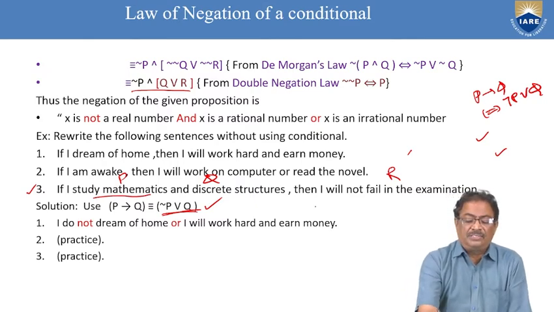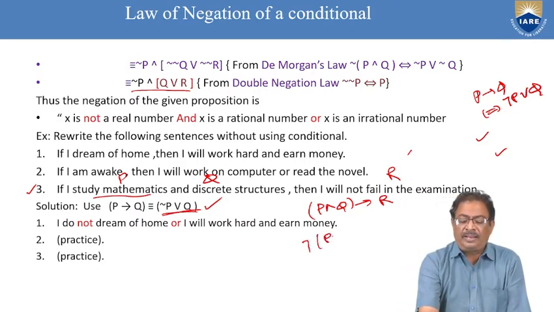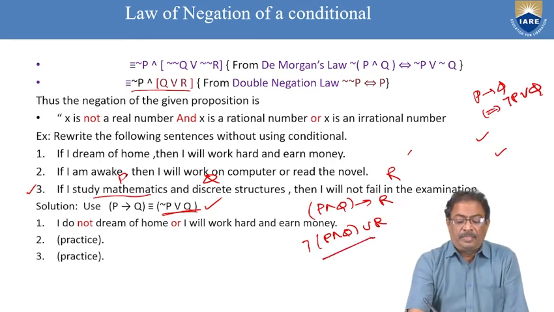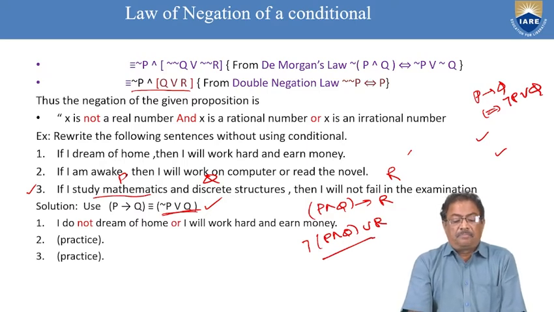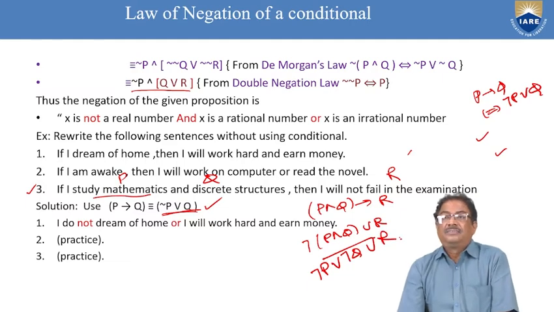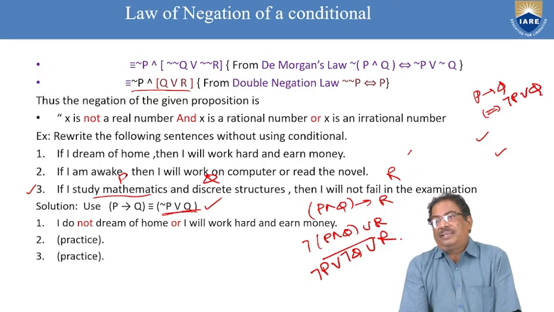Then see here the conditional: if P and Q, then R. Or I can take it in equivalence form, negation of (P and Q) or R. So the English sentence is once again, if I do not study mathematics, equivalently I can write this as negation P or negation Q or R. So, I will not study mathematics, or I will not study discrete structures, or I will fail in the examination.